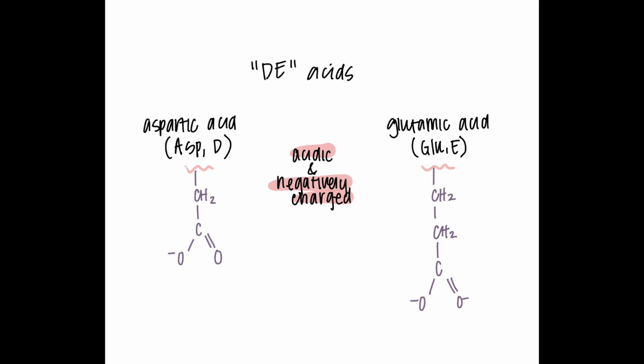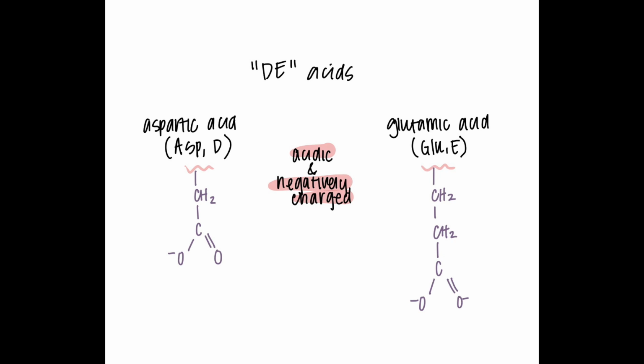It's a stretch, but it helps, and that's how I remember. So the letter D will represent aspartic acid, and the letter E will represent glutamic acid, and it's just something that I remember, D acids, and that also helps remembering their properties, that they're acidic and negatively charged, by that association that I made.